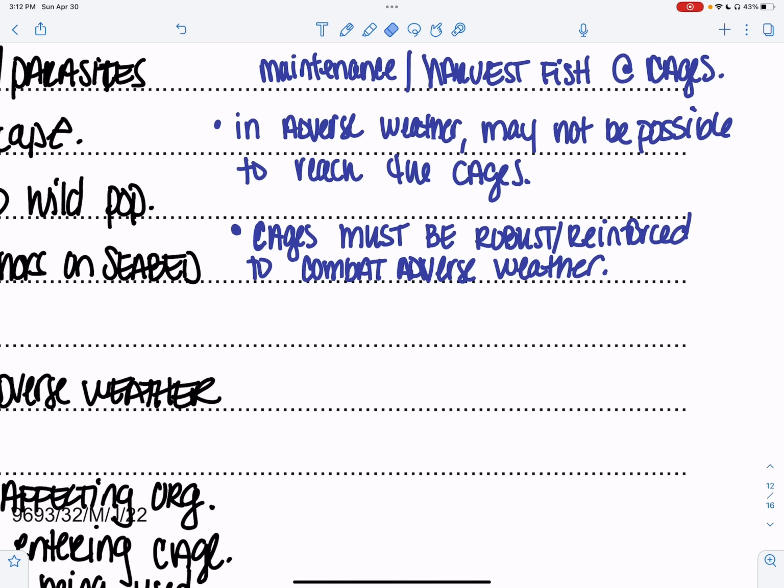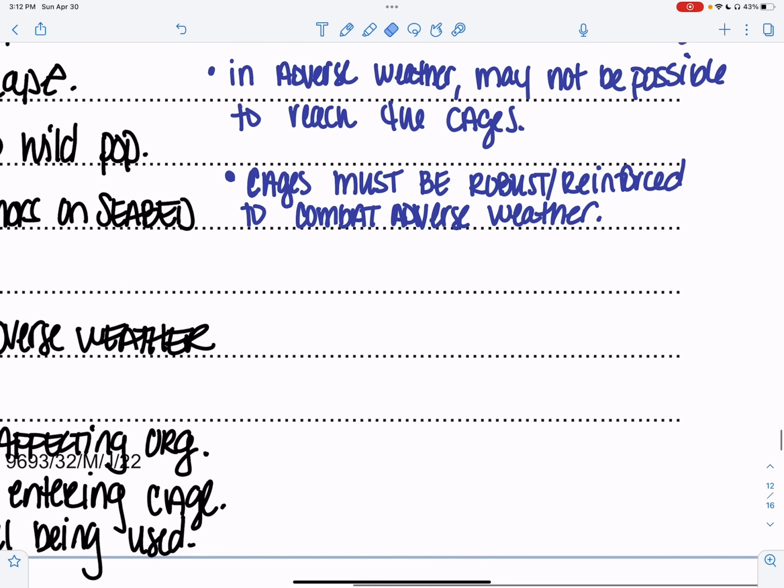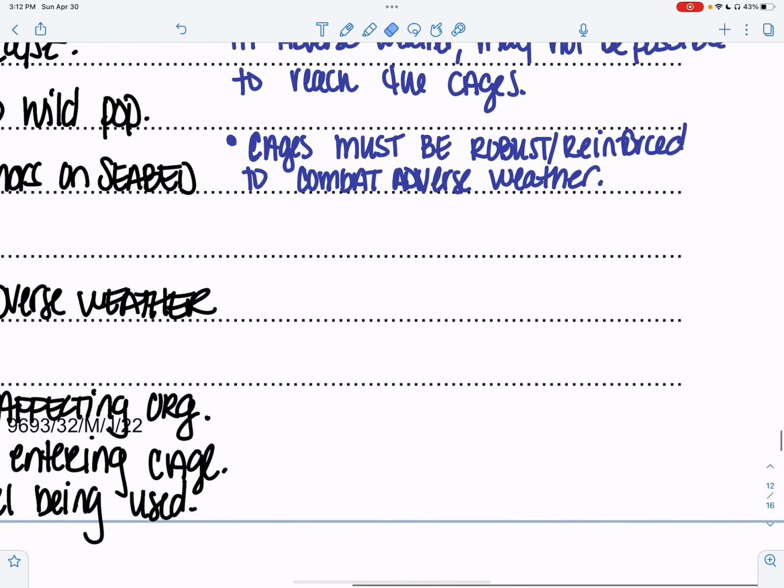Prevent being tossed around at sea. The winch or whatever you're anchoring them down with also needs to be really strong to hold them in place against strong currents or bad weather.